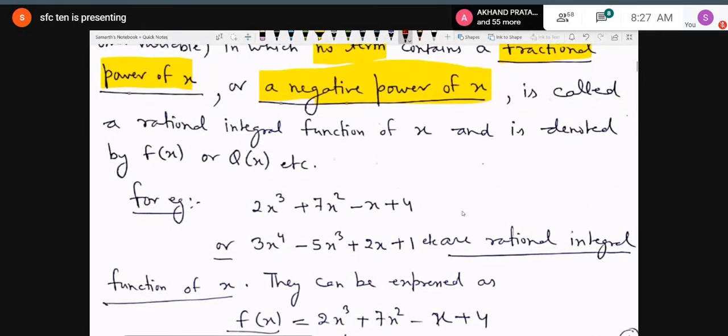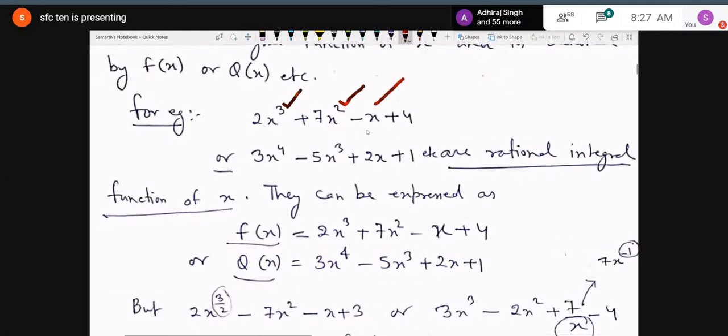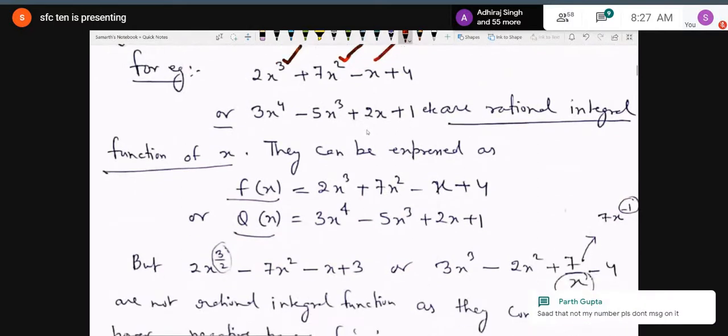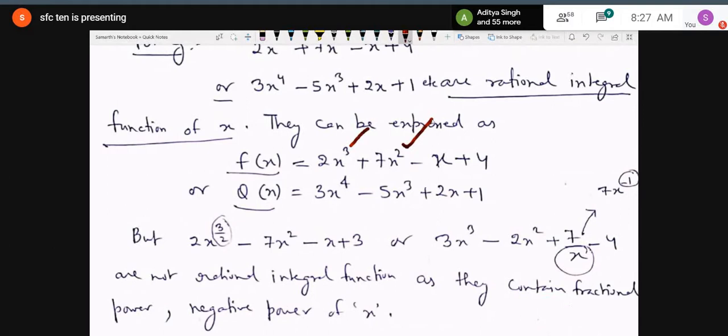They are not fractions and they are not negative. So they can be expressed as functions of x because the variable is x. So f(x) is equal to 2x cube plus 7x square minus x plus 4, and q(x) is equal to 3x raised to 4 minus 2x square minus 5x cube plus 2x plus 1.